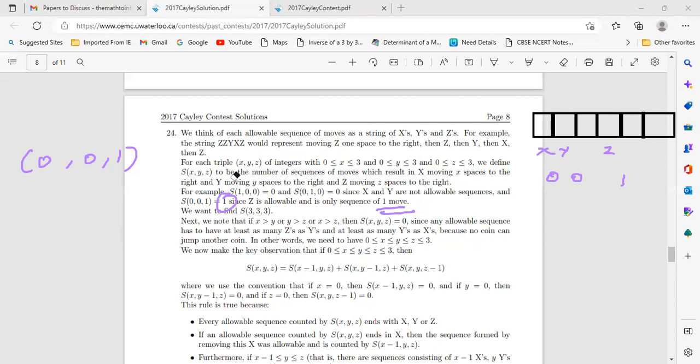All right. We want to find S of 3 comma 3 comma 3 for all the 3 values of X, Y, Z. And from this it is clear, if X is greater than Y or Y is greater than Z or X is greater than Z, S of X comma Y comma Z is 0 because this will not happen, right?